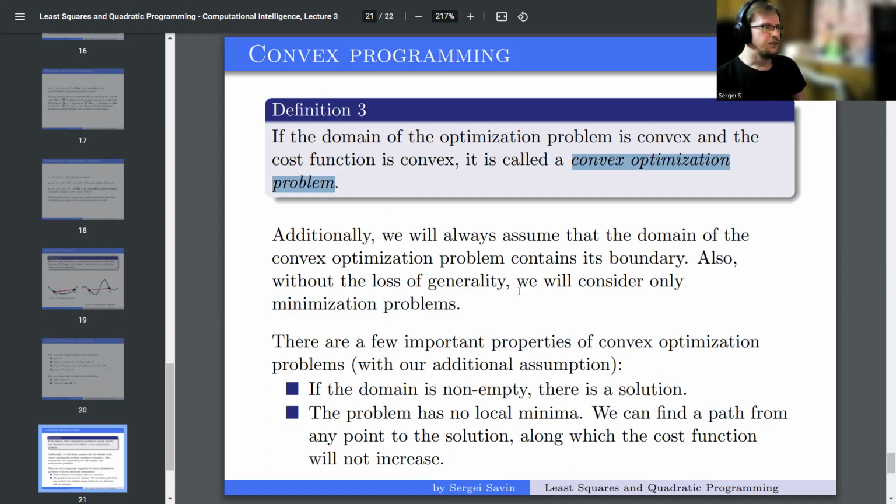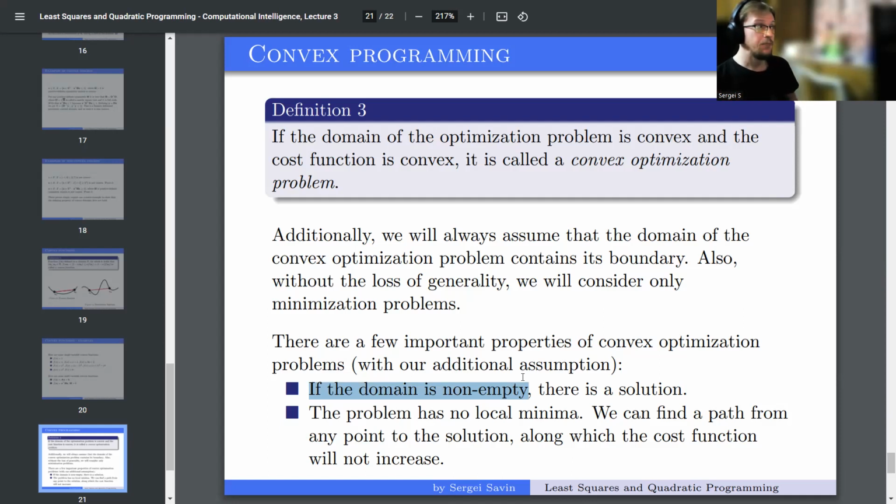All right. There are very important properties of a convex optimization problem. One, if the domain is not empty, there is a solution. So if the domain is empty, you said, find me something, but here are restrictions, and restrictions are mutually contradicting. So you cannot find a single x which corresponds to your restrictions. Well, of course, then you wouldn't have any solutions.